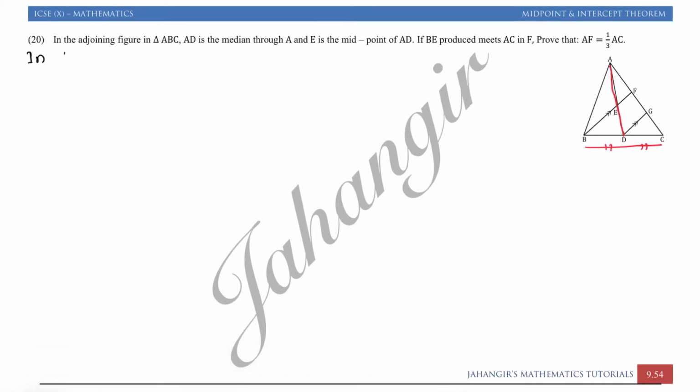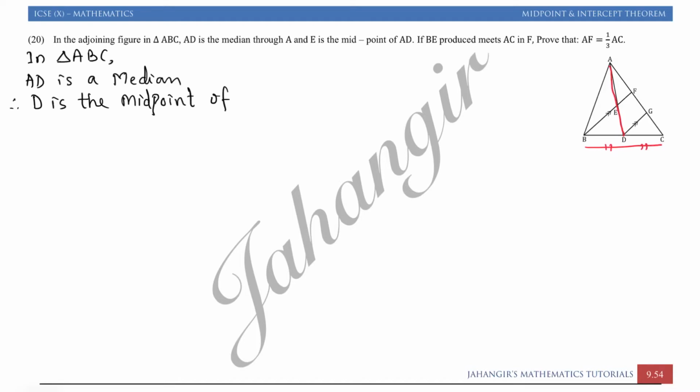In triangle ABC, AD is a median. So therefore D is the midpoint of BC. We got one part. D is the midpoint of BC.